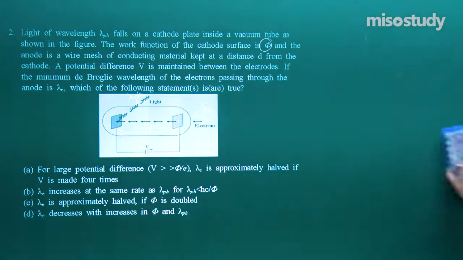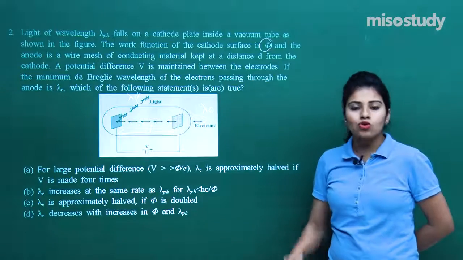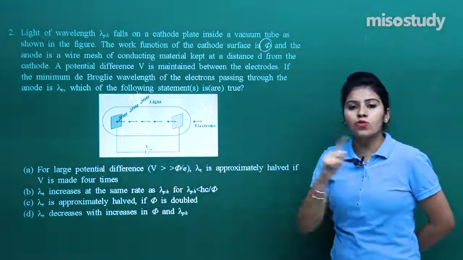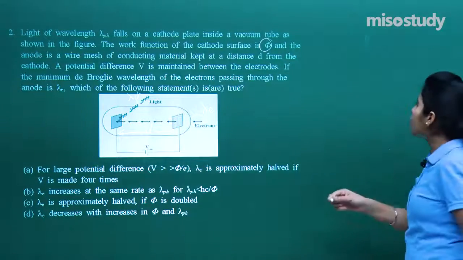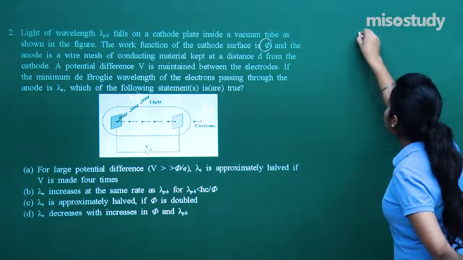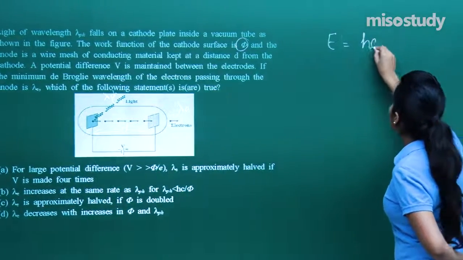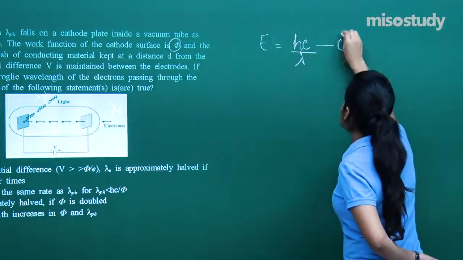Because here potential difference is also applied across this tube, our energy because of this potential difference will be added to it. Let me write the photoelectric equation: E equals h nu, or you can write it as hc by lambda, minus the work function.